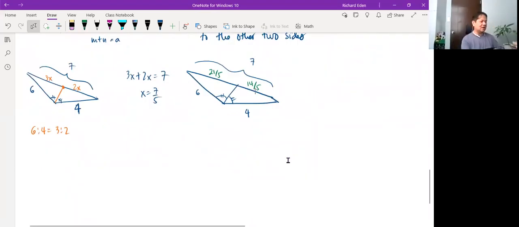Let's look at some examples. I'm trying to see if I have an example. All right, I can't find an example right now. So let's just have a look at the proof. I guess this in itself is the proof.